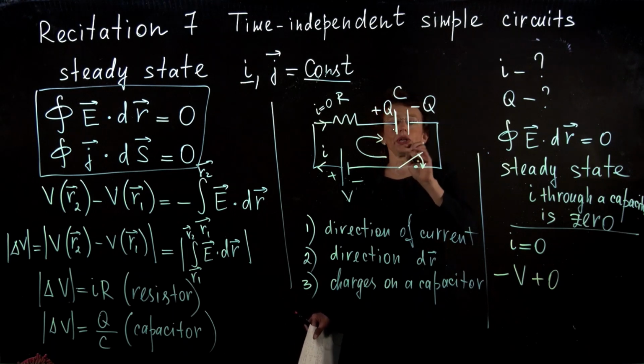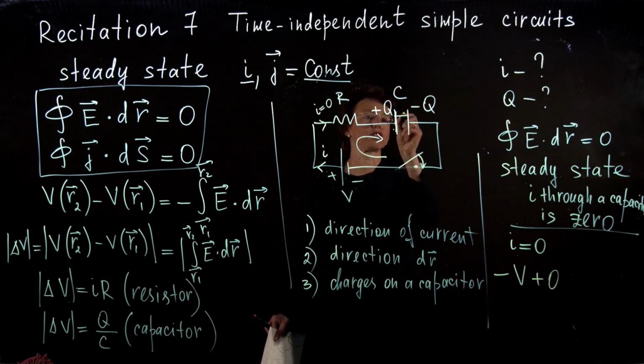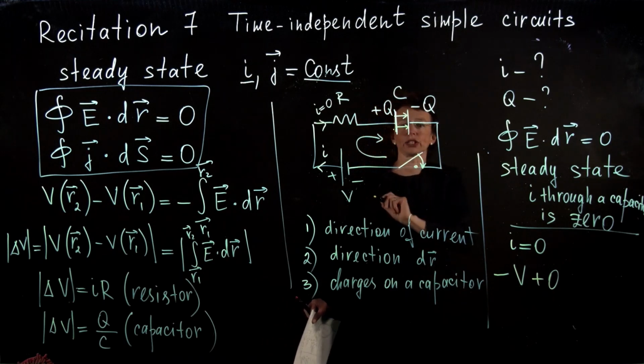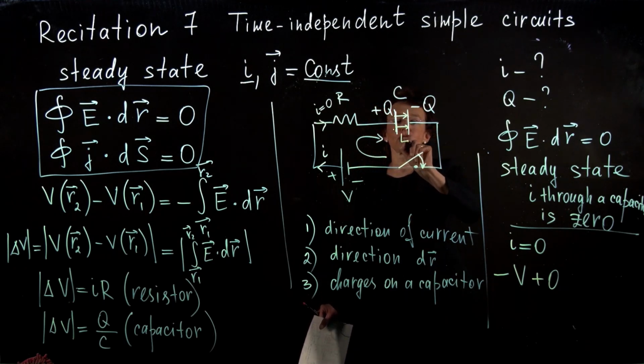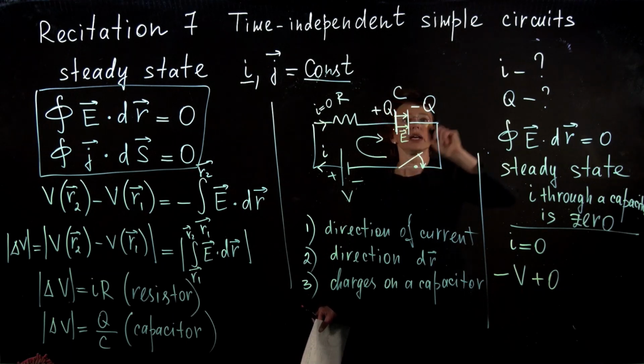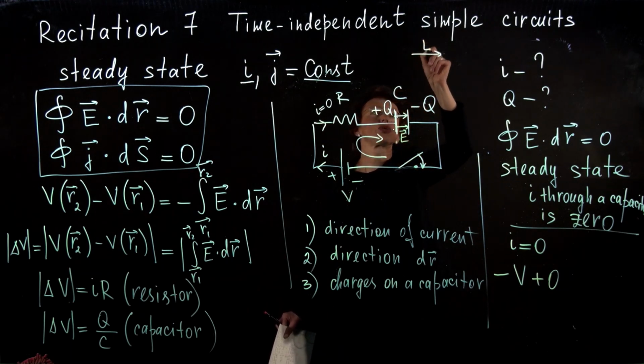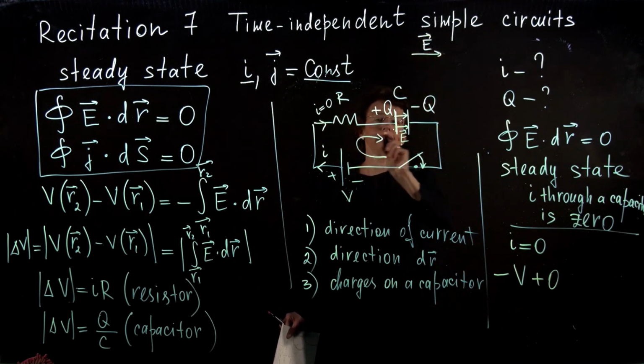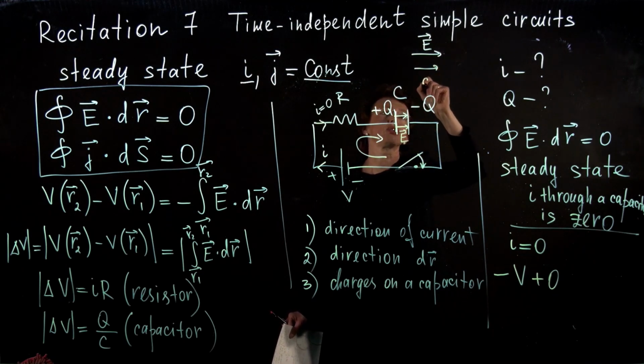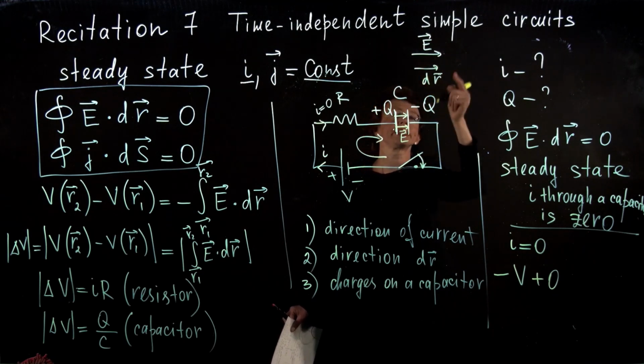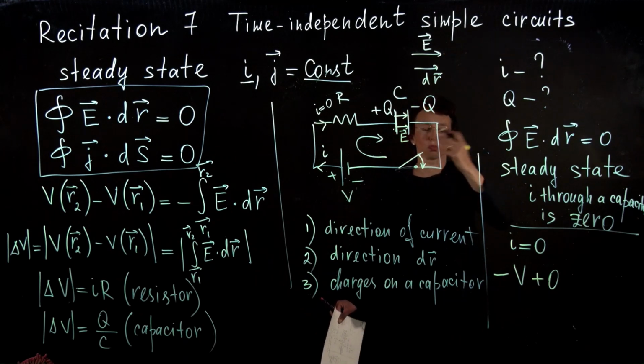Then with my choice of positive and negative plates, I have electric field to the right from plus to minus. This is the direction of the electric field. Electric field is to the right. dr is to the right according to our choice. They're in the same direction. Dot product is positive.